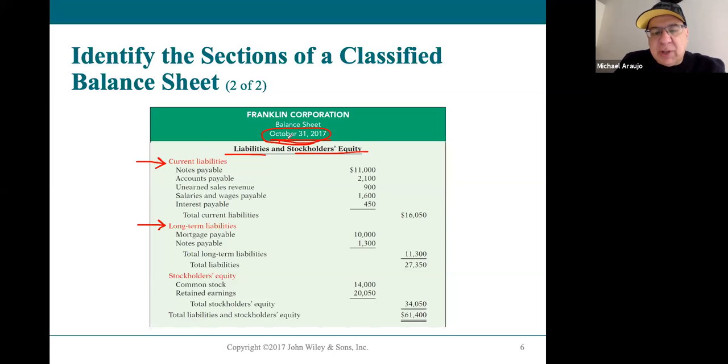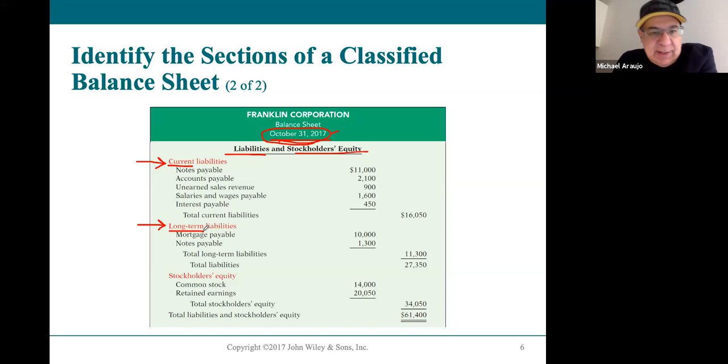If we owe those liabilities between October 31st, 2017 and October 31st, 2018, that's within a year, they'd be listed under current liabilities, okay? But if we owed a debt past that year mark, if it's due after October 31st, 2018, so the rest of 2018, all 2019, 2020, et cetera, then it would be classified as long-term liabilities or long-term debt.